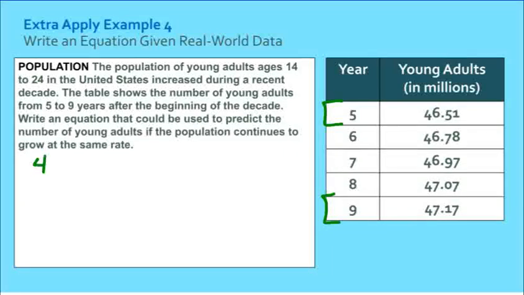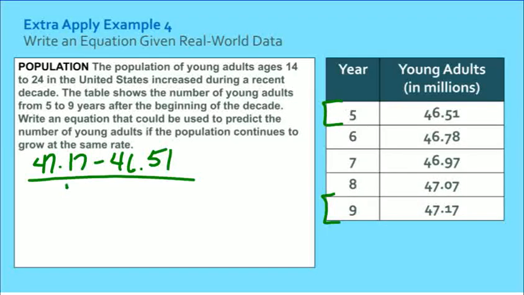So I'm going to take 47.17 minus 46.51, and I'm going to divide that by 9 minus 5. That gives us 0.66 over 4. So 0.66 divided by 4 gives us an answer of 0.165.